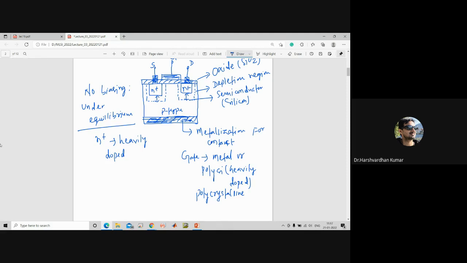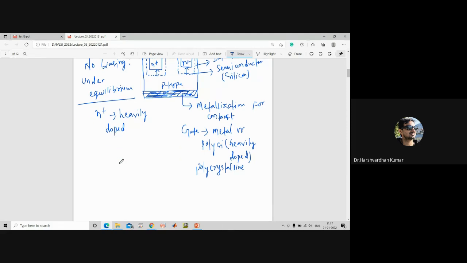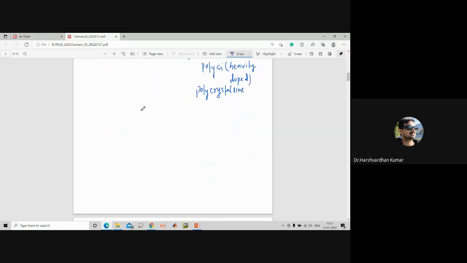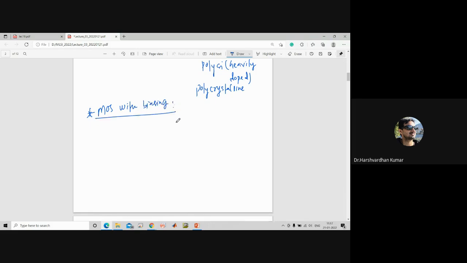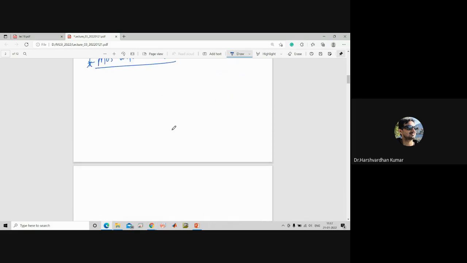Now let us move towards biasing. We will connect the biasing to the device. So what will happen in that case? Let us draw another diagram, the MOS with biasing. Let us draw the structure once again.